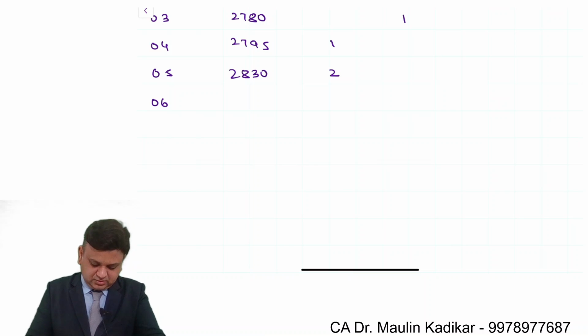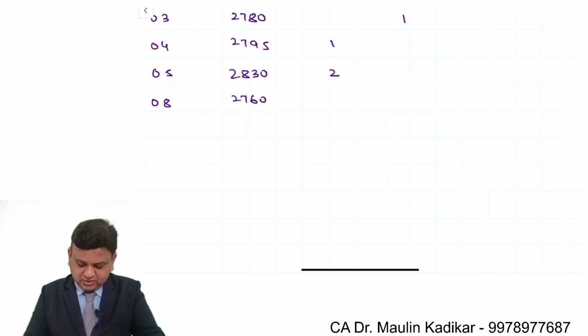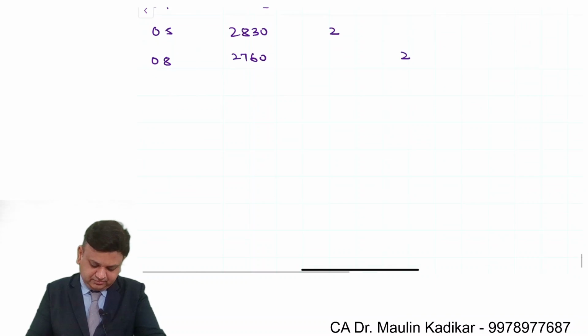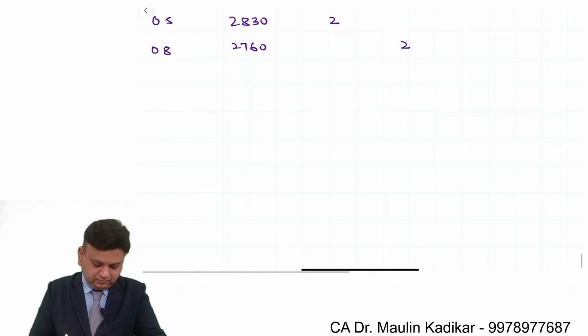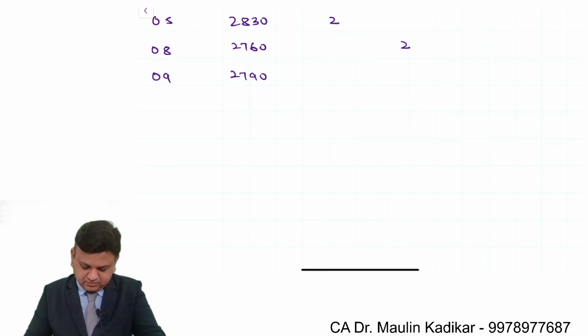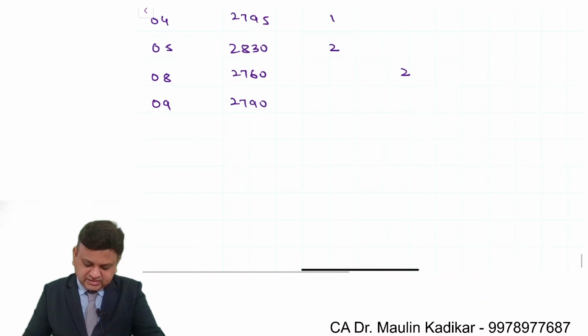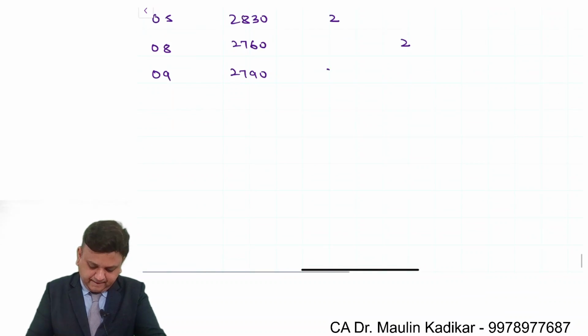On 8th, the price is 2760. So again there is a reduction in the price, so I am writing 2 over here. On 9th, 2790. There is increase in the price, so 3.